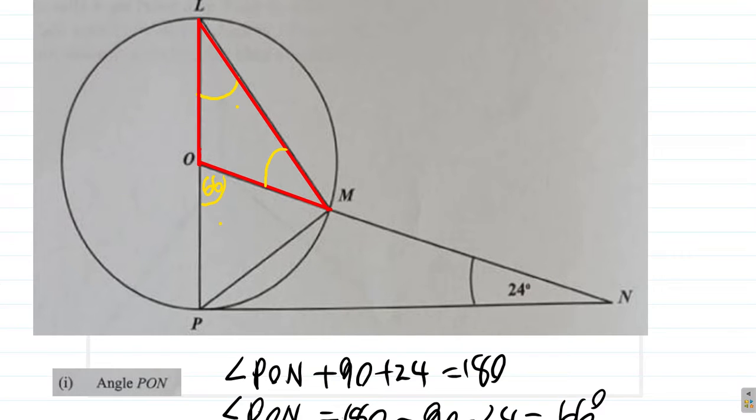Now look at this. This angle is 66, alright? Now this angle would be what? Remember, going right around will be 180. Alright? So angle LOM is 180 minus 66.